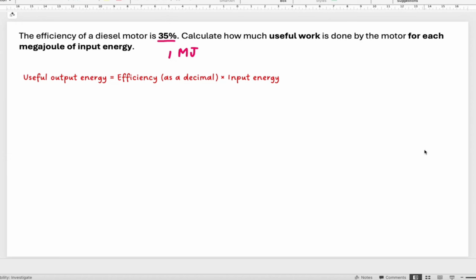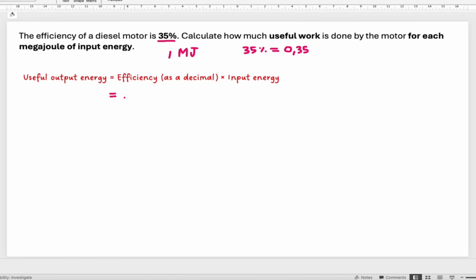Let's convert the percentage to a decimal. 35% converted to a decimal will be 0.35. Now let's substitute all the known values into this formula.